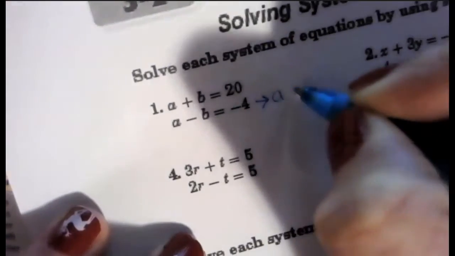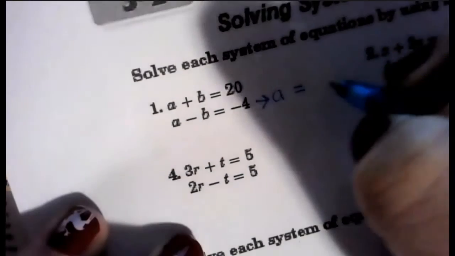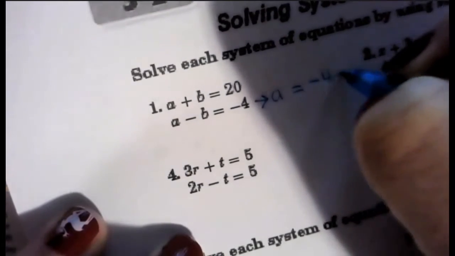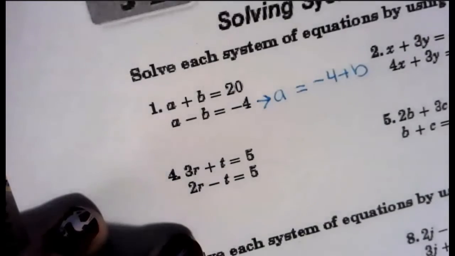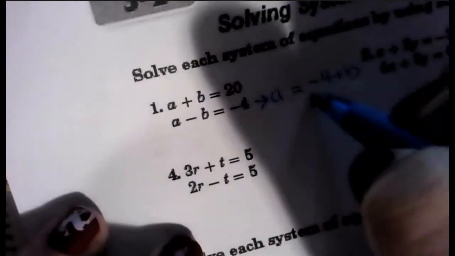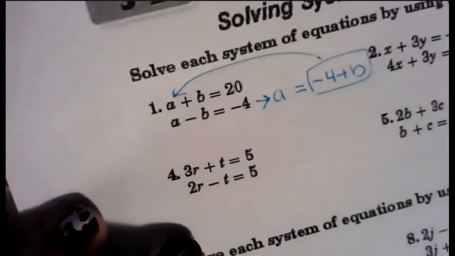So what I'm going to do is solve the bottom equation for a by adding b to the other side. And then I'm going to replace a in the first equation with that substituted part.